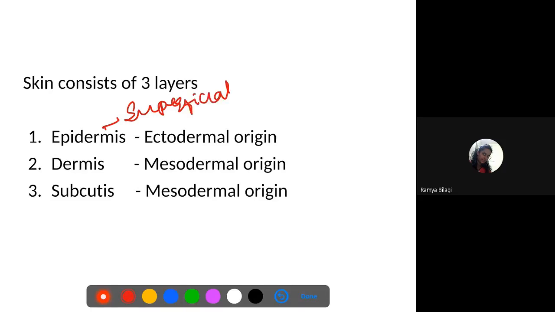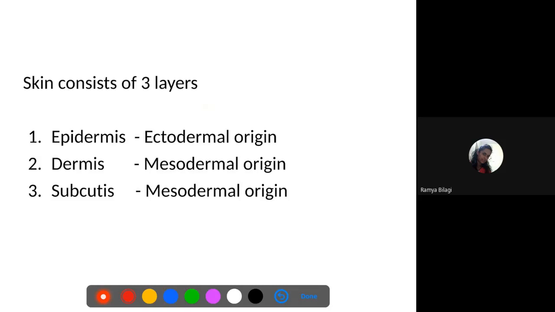Coming to the embryological origin of these structures, epidermis is of ectodermal origin, whereas both dermis and subcutis are of mesodermal origin. You can remember it as E for E. So epidermis is from ectoderm, the rest two are from mesoderm.